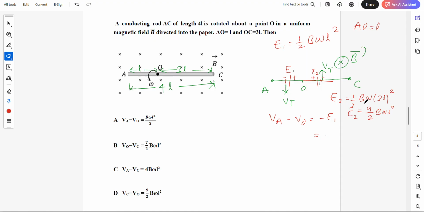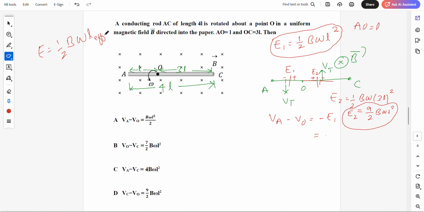E2 is 9 by 2 B omega L square, and E1 is half B omega L square. L effective is L only for the length between the center of rotation and point A, and the length between the center of rotation and corner C is 3L. We know that E is equal to half of B omega L effective whole square.